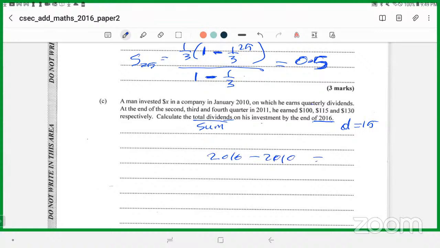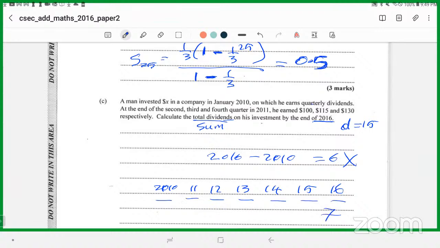And we're going to get 6, which is wrong. Because the number of years included in this question is actually 7, because you have to include the 2010. If you list them out, it will be 2010, 11, 2012, 2013, 2014, 2015, 2016. 1, 2, 3, 4, 5, 6, 7.